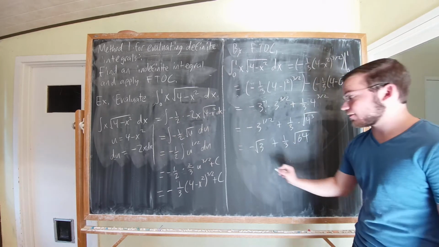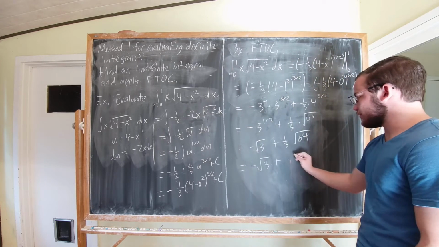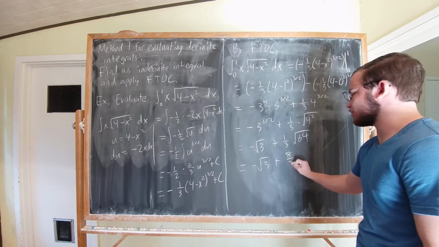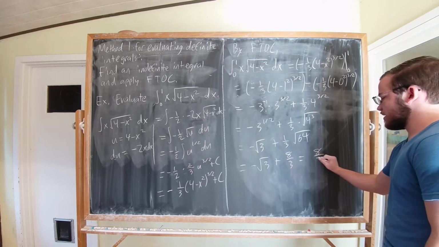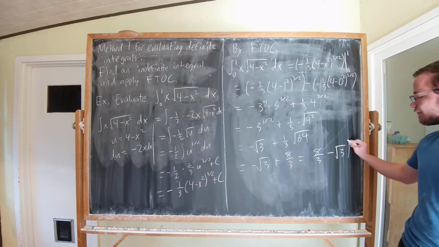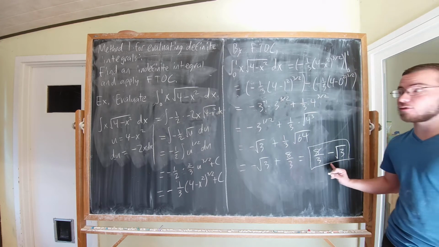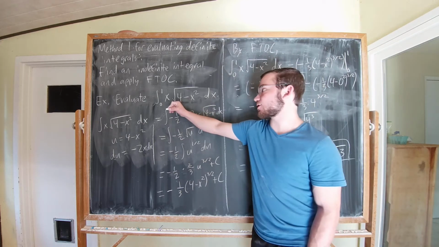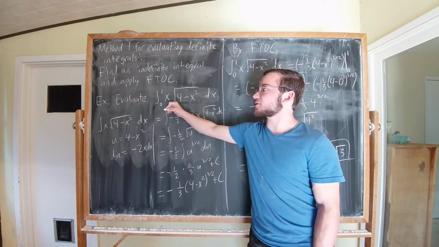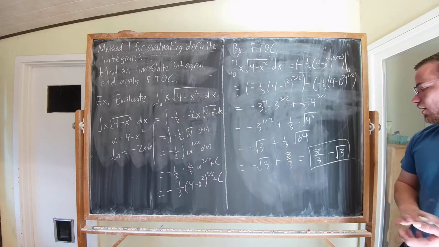That's a perfect square. So this is -square root of 3 plus 8/3. Or if you want to rewrite it, 8/3 minus the square root of 3. If you check, you'd find this is a positive number, which makes sense because we're trying to measure a function that would be completely positive between a positive and a negative. Okay.